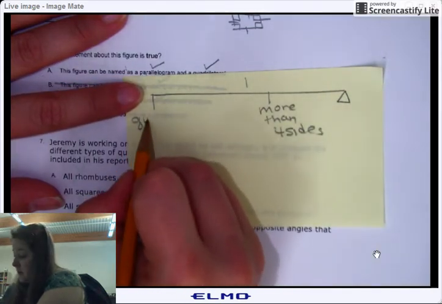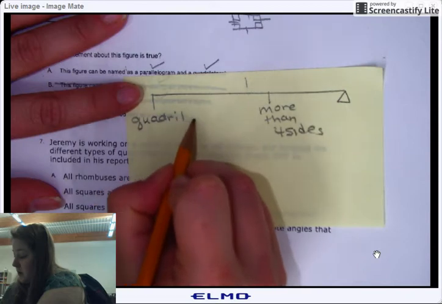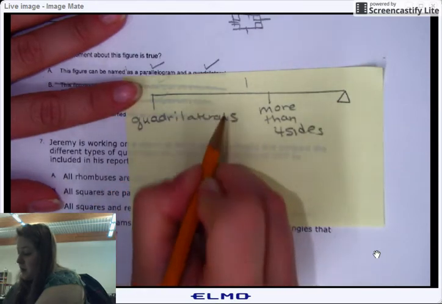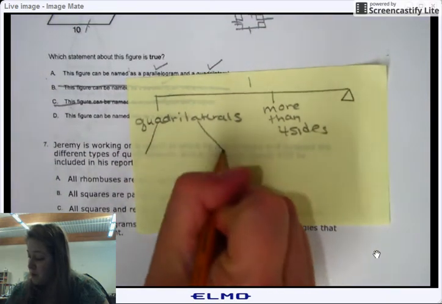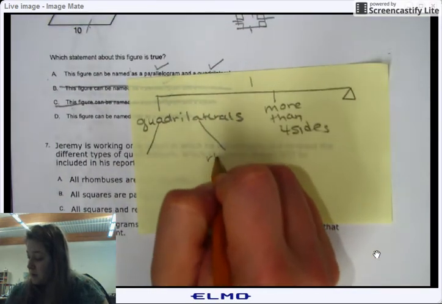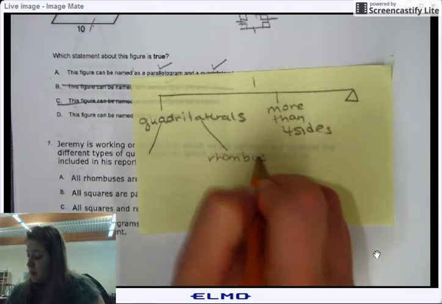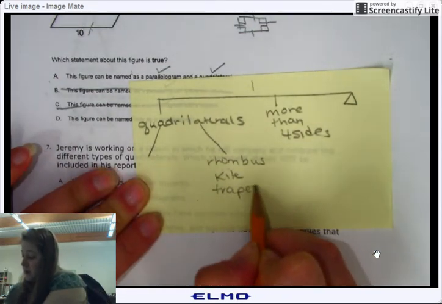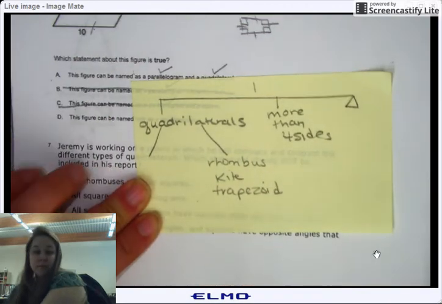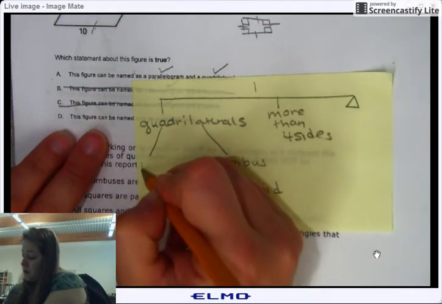quadrilaterals, right? That's the first heading. They start off as quadrilaterals, right? And then they branch down even more. And you got your rhombus, you got your kite, and you got your trapezoid, right? And then over here you got your parallelograms.